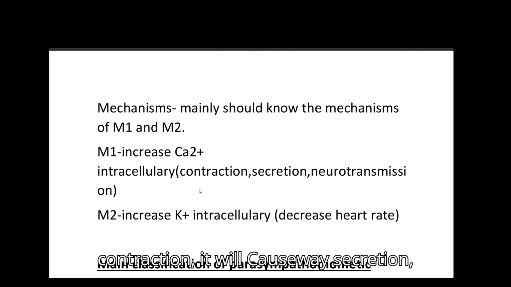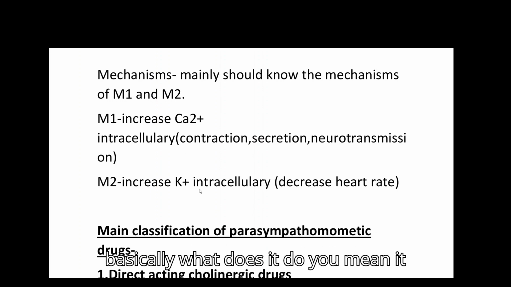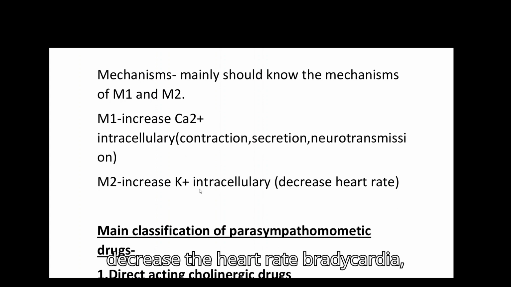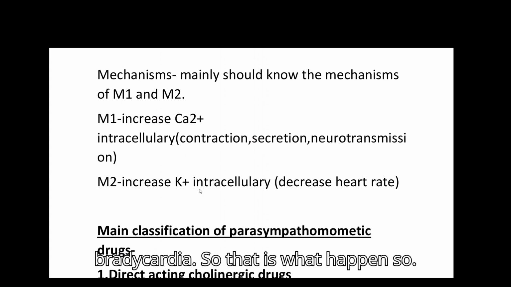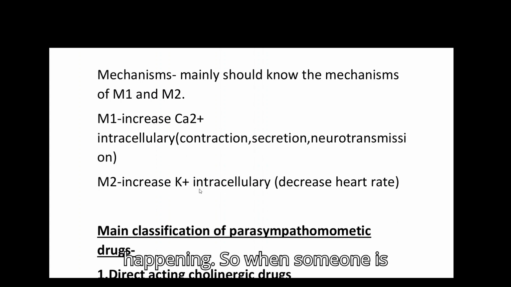It will cause contraction, secretion, and neurotransmitter release in the stomach. In the M2 it will increase potassium intracellularly. So what does it do? It decreases the heart rate, bradycardia. So that is what happens. This is the basic mechanism.